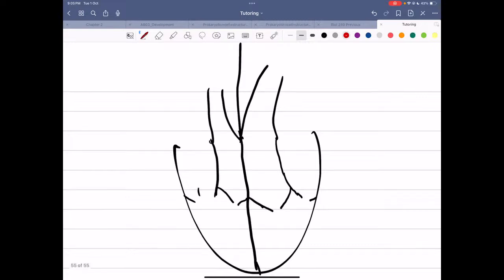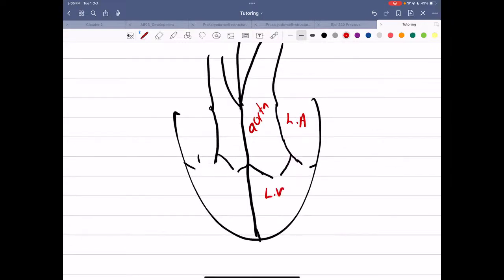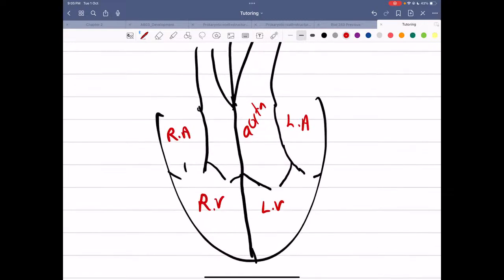So let's label the heart. We have here the aorta, we have here the left atrium, we have here the left ventricle, we have here the right ventricle, we have here the right atrium, and over here, I'm just going to abbreviate, it's going to be pulmonary artery.